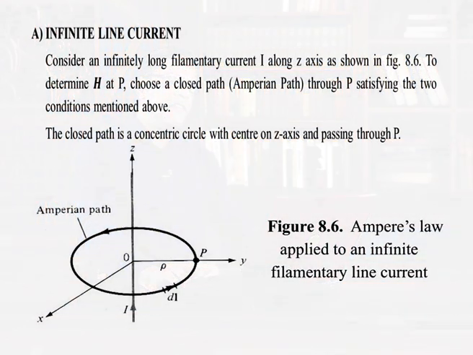Let us consider an infinitely long filamentary conductor carrying current I along the z axis. We are required to determine H at a point P, for which we choose a closed path known as the Amperian path through P, which satisfies the two conditions just mentioned.